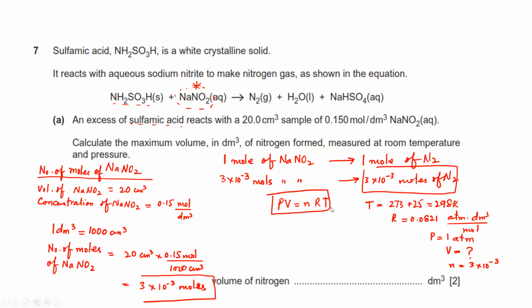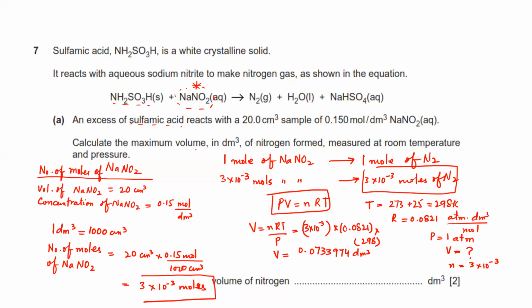So we have n, R, T, and P, and we have to calculate V. V equals nRT divided by P. Simply multiplying 3 × 10^-3 by 0.0821 and by 298, this comes up to 0.0733974 dm³. So this is the volume.